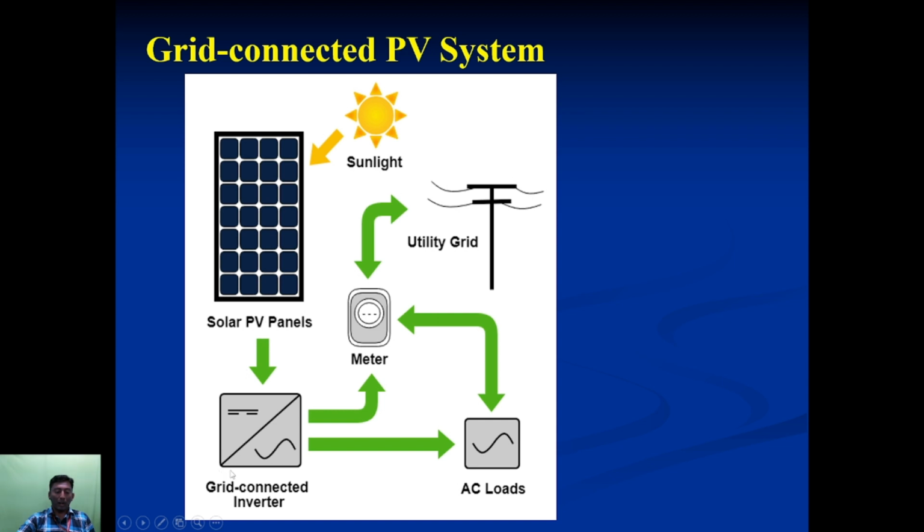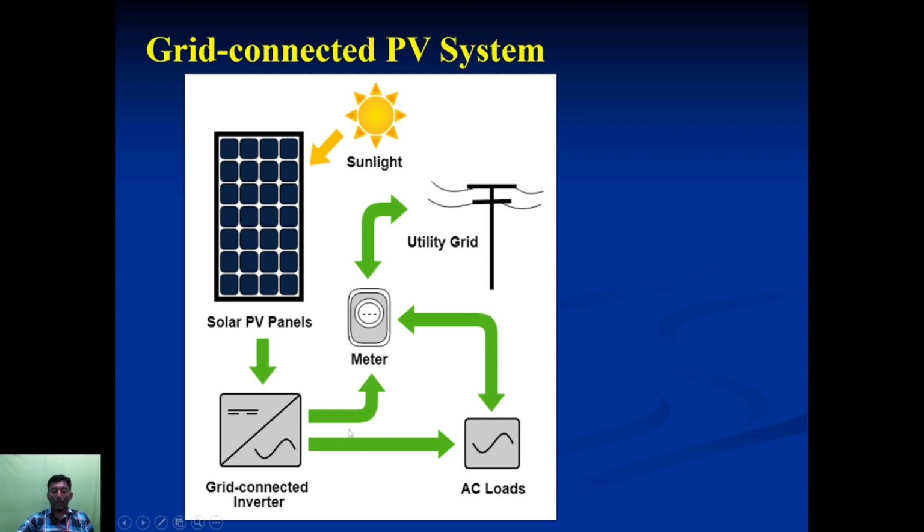Now we have a grid connected inverter. What is the purpose of the inverter? It converts DC into AC. This symbol indicates DC and this symbol indicates AC. So it converts DC into AC.